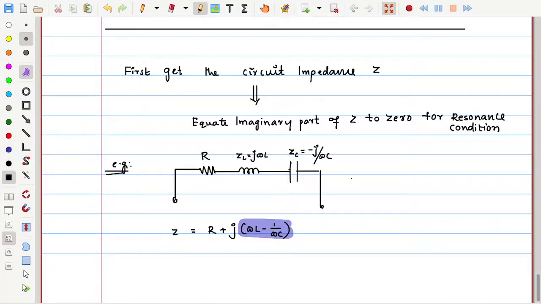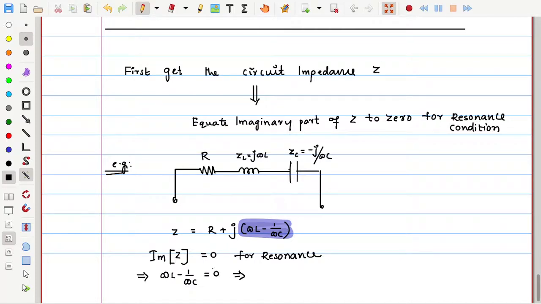So in order to get resonance, what we need to do? The imaginary part of the impedance must be equal to 0 for the resonance condition. Then omega L minus 1 by omega C is equal to 0.